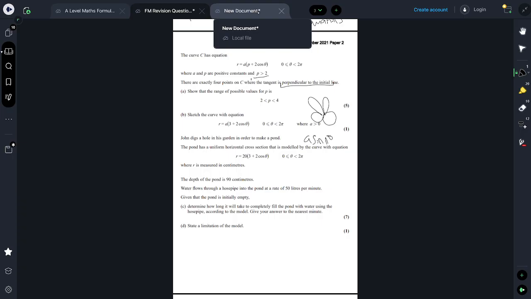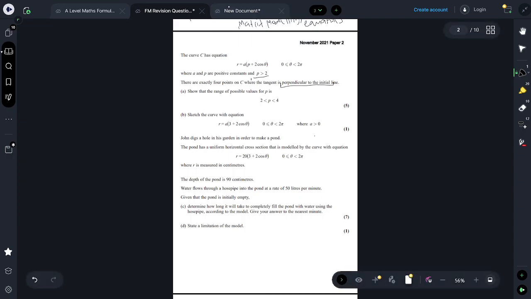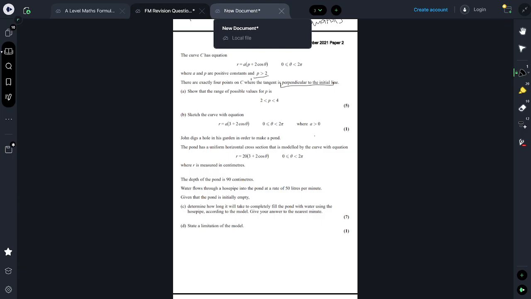The multiple n determines how many petals there are. I don't remember that, but there are certain shapes you need to be aware of, and that's one of them in the form p plus q cos theta. Unfortunately, you just have to learn that. Obviously, if you've got a graphical calculator, then it's a bit easier for you lot. But anyway, that's the 1 mark.